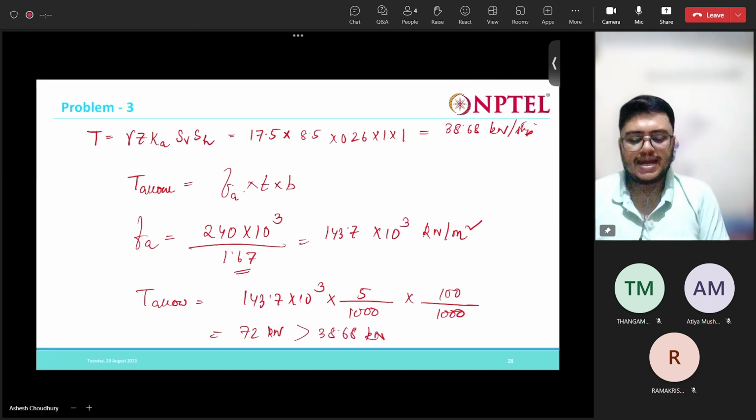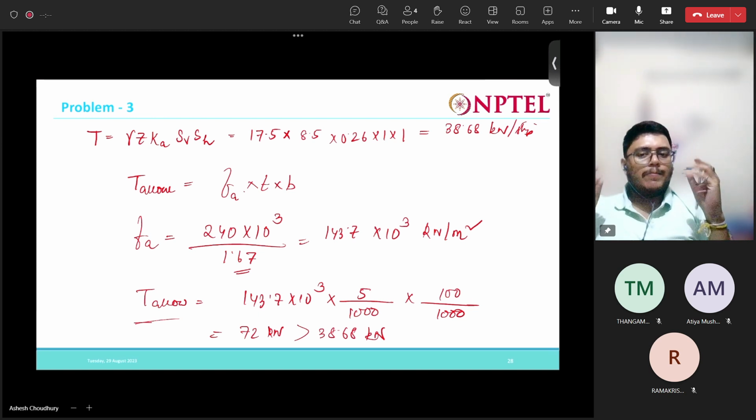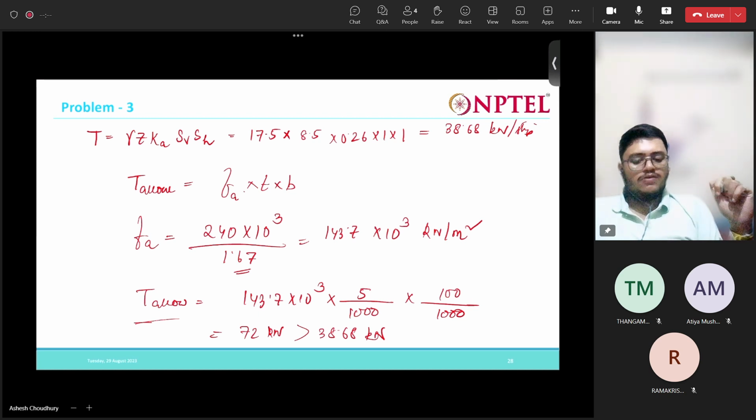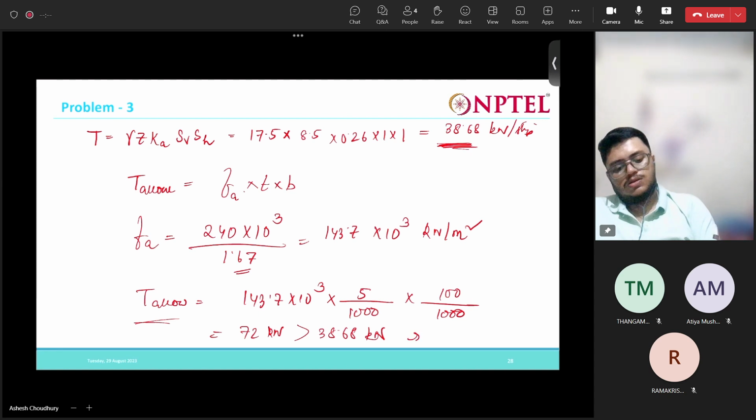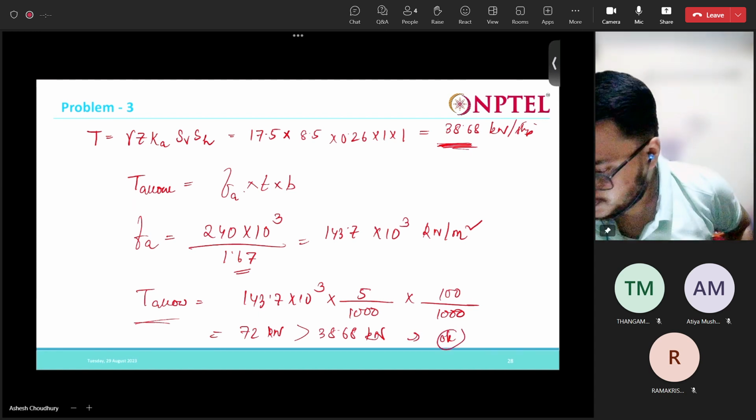So this is the allowable, this is the tensile strength of the reinforcement. Now this tensile strength of the reinforcement is greater than the maximum tensile load that is coming on the reinforcement. Okay, so this is okay.